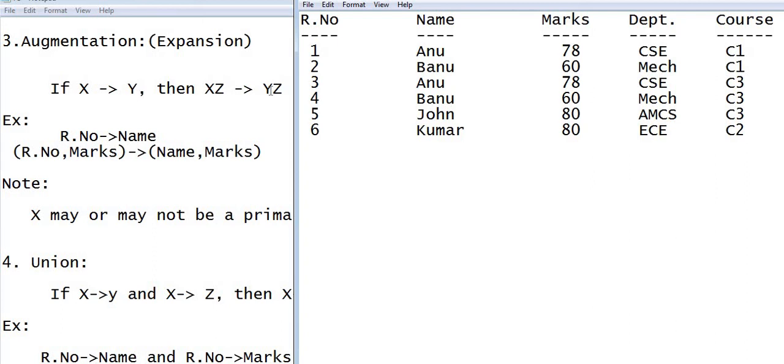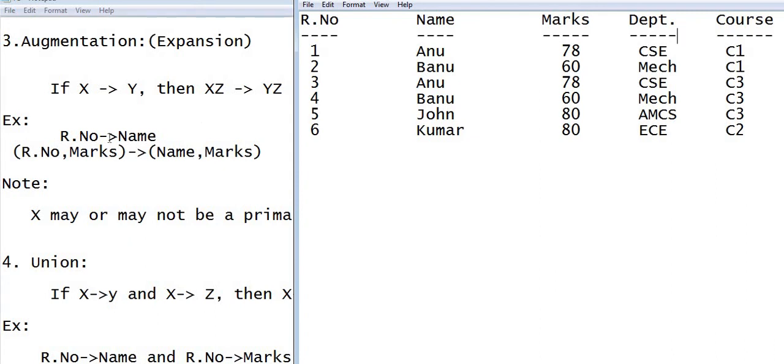This is the augmentation property. For example, roll number determines name. X is a determinant and Y is a dependent. In this example, roll number is X and name is Y, so roll number is the determinant and name is the dependent.